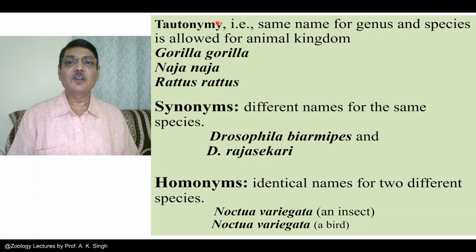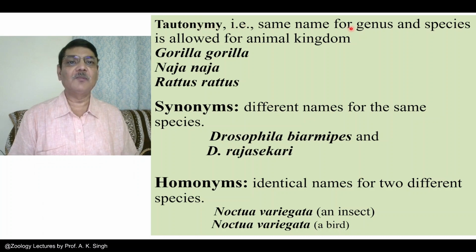Now, sometimes we give genus as well as species both the same name. Like we use the term Gorilla gorilla, or Naja naja, which is the name of a snake species. Rattus rattus, a mammalian species. So when genus and species names are the same, that is known as tautonymy.